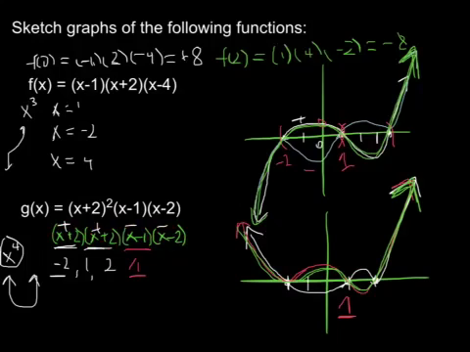Let me say that one more time. If I plug in, I'm thinking about this factor here, a value less than 1, it's going to be negative. If I plug in a value greater than 1, it's going to be positive, right? Because I'm subtracting 1. And so the sign here is going to change.